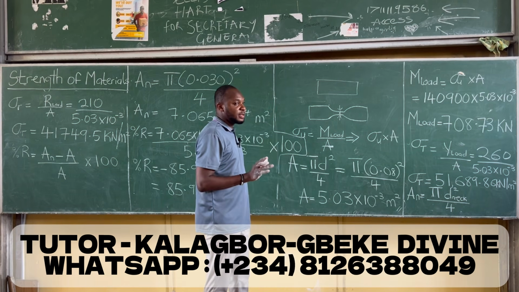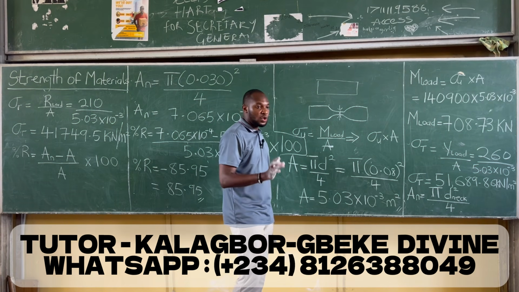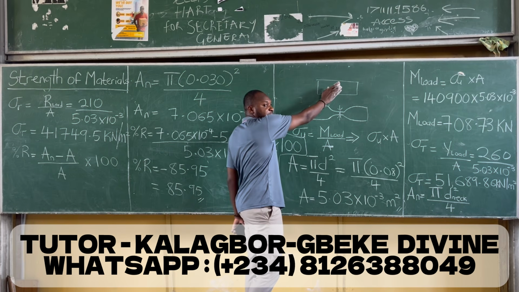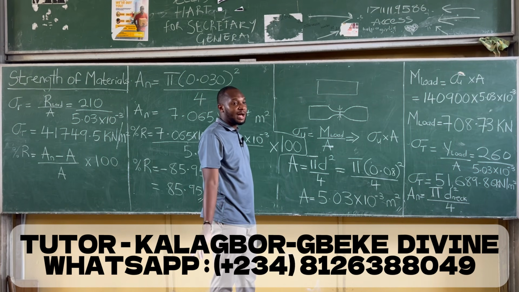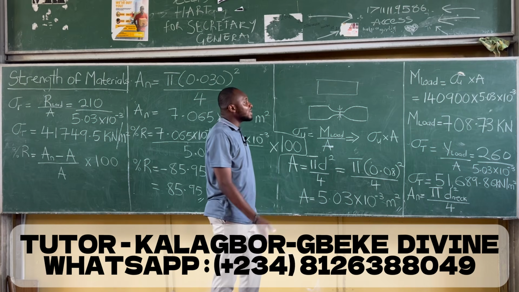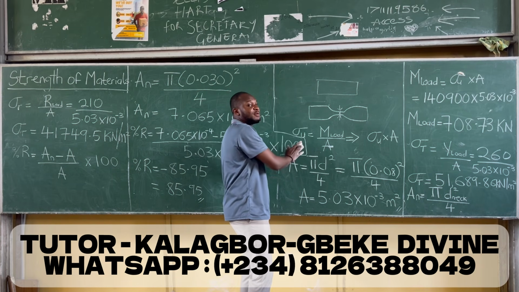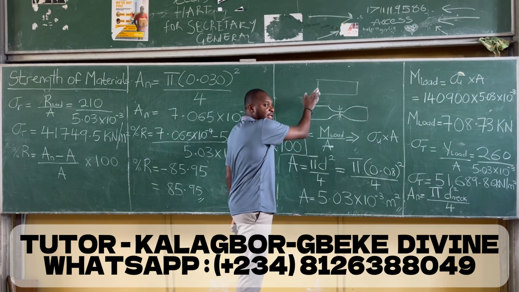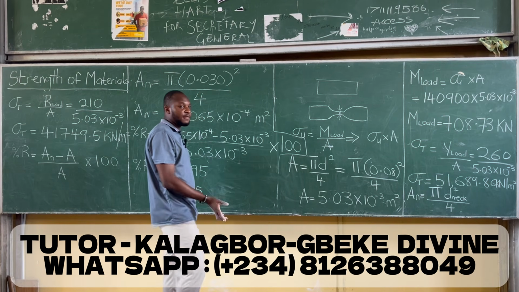And at that point, they did not tell us anything about reduction. So everything you are solving is based on this shape, this bar. Because in the last question, we now knew that something like reduction happened. So now, since we know that reduction happened, that means the shape has changed, right? That's why we will now bring the new area. They will now compare the both of them to know the amount of change that happened, the degree of change.